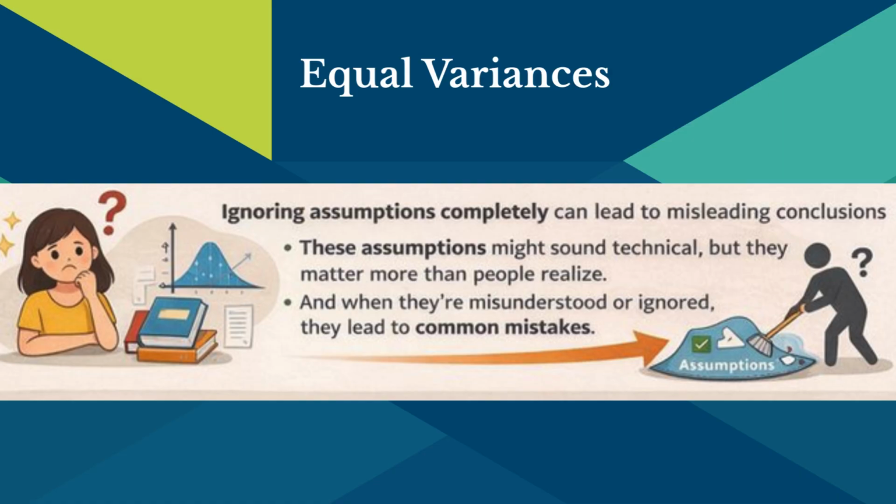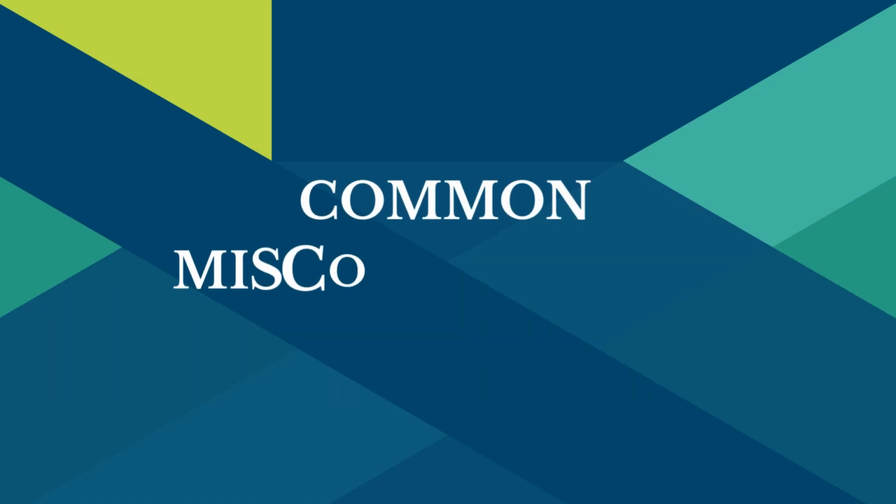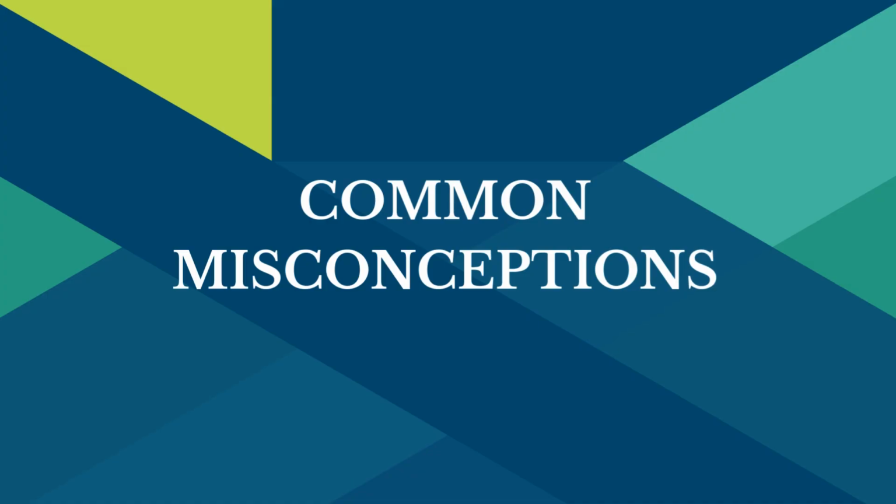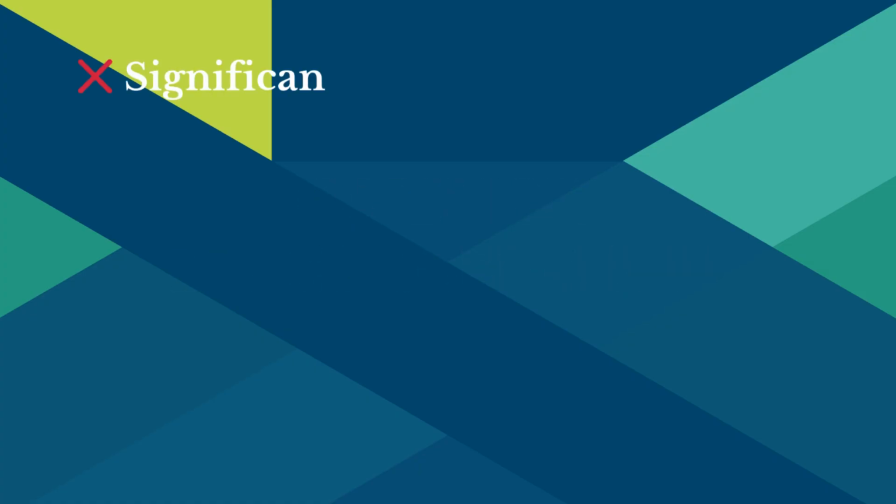And when they are misunderstood or ignored, they lead to some very common mistakes. So, let's clear up a few misconceptions about the t-test. T-tests are widely used, which also means they are widely misunderstood. Let's clear up some of the most common misconceptions people have about the t-test. First, a significant t-test means the difference is large.